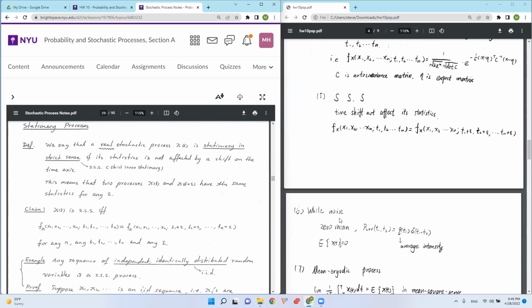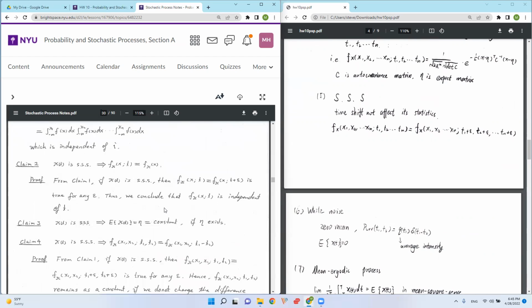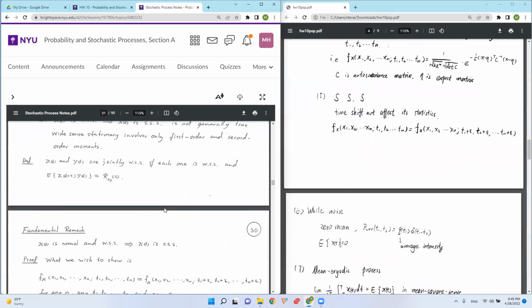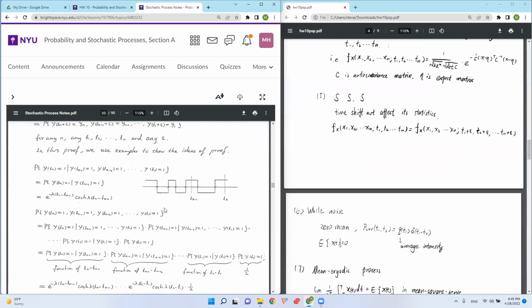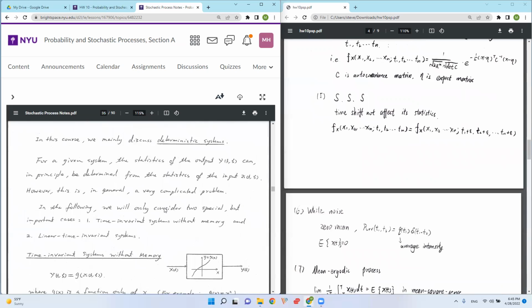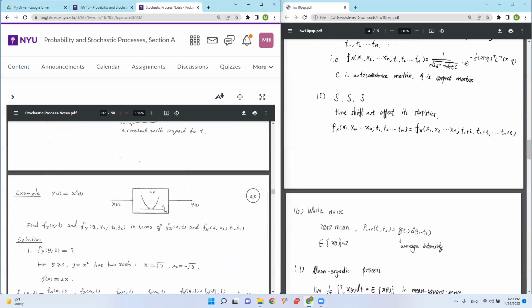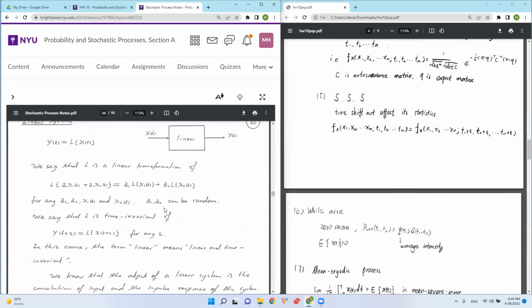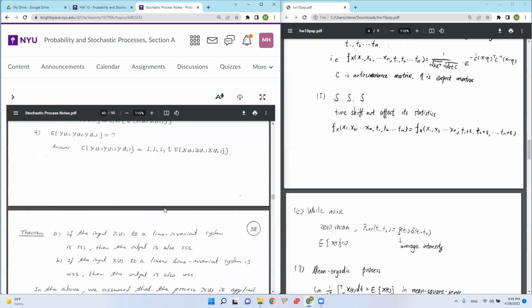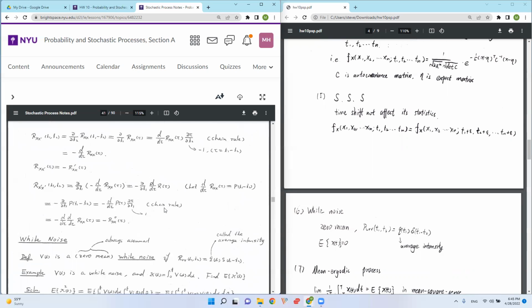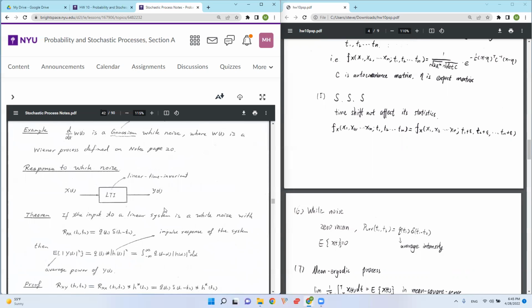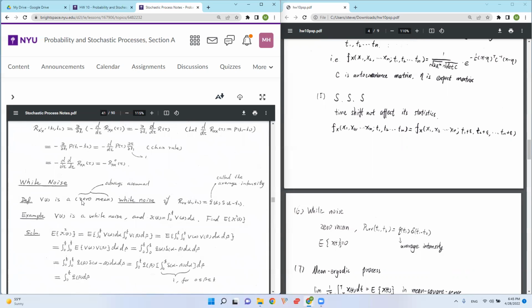The next one would be white noise. Here's the white noise definition: X(t) is a zero mean white noise if its autocorrelation is equal to this function.